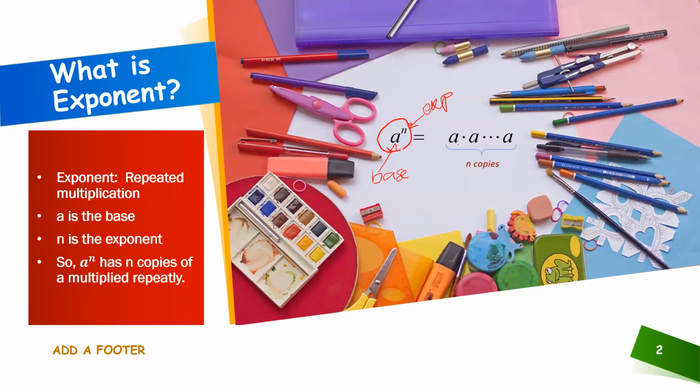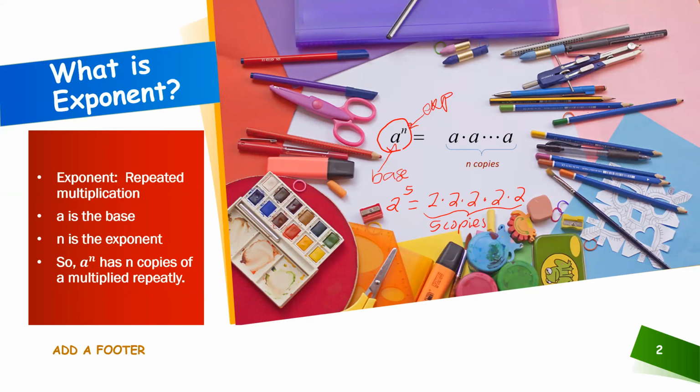the base n copies. For example, if you have 2 to the 5th power, that really means 2 times 2 times 2 times 2 and another 2. There are 5 copies of 2 multiplied to each other.